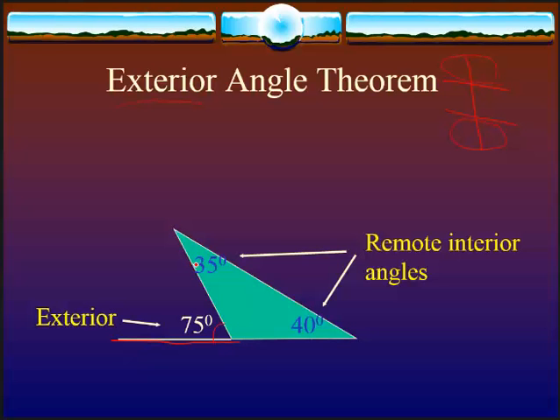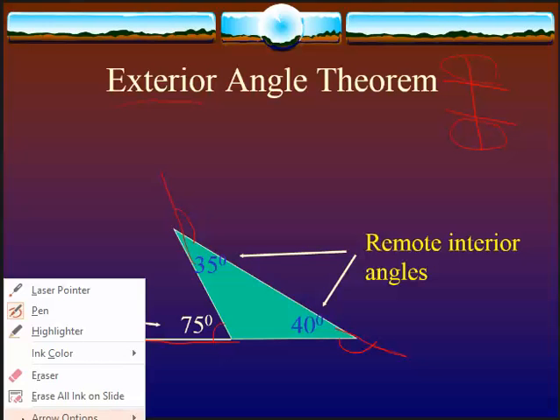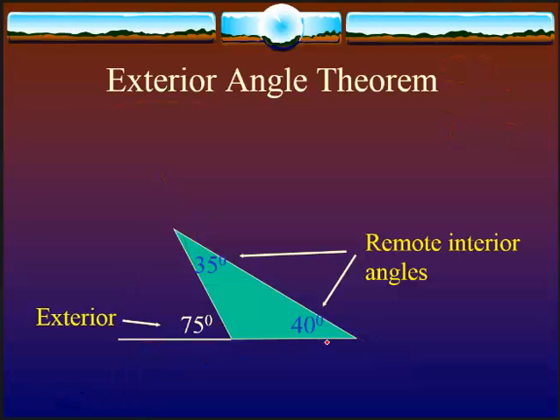I could do it on this side as well, and I could do it on this side. This would be an exterior angle. We could even do it in the other direction. I could extend it this way, and this would be an exterior angle.